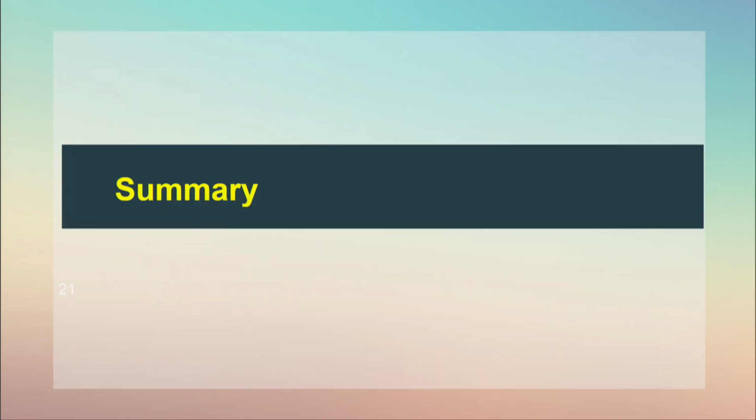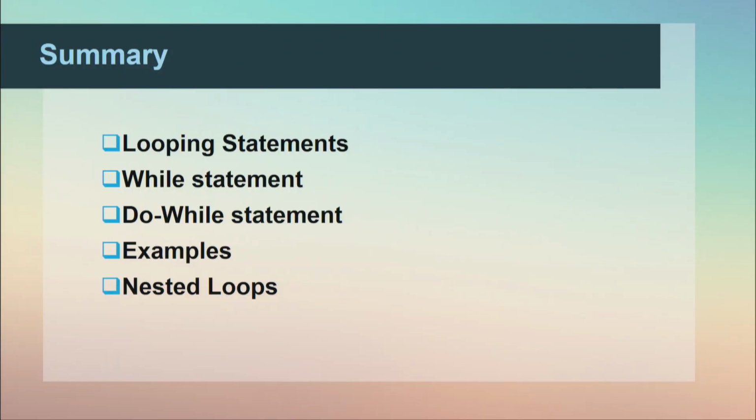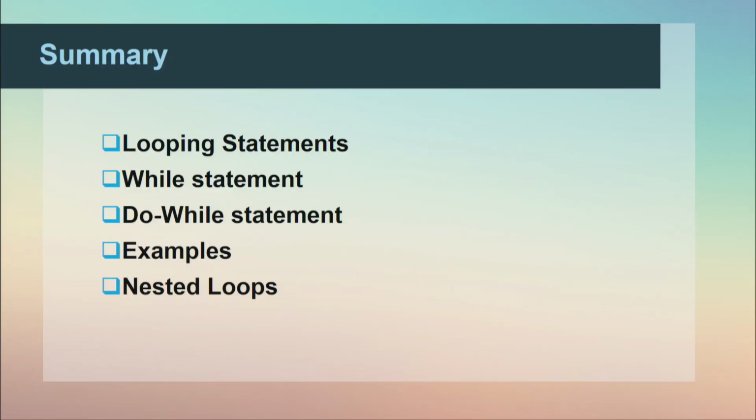On summarizing this particular lecture, we have learnt how looping statements allow us to execute a set of statements repeatedly for n number of times. Very easily we will be able to execute the same set of statements repeatedly. And we have seen the entry control loop and exit control loop: the entry control loop is the while statement and the exit control loop is the do while statement.